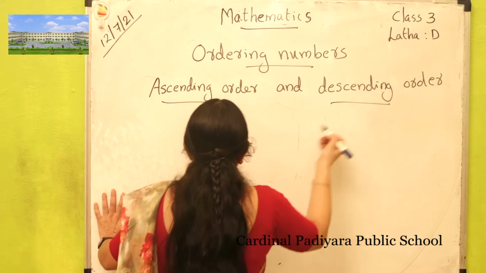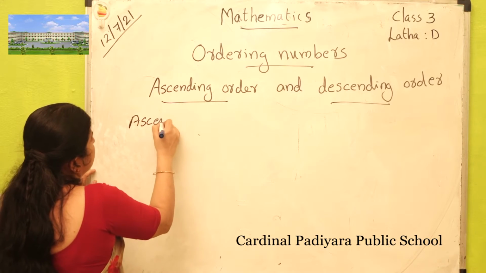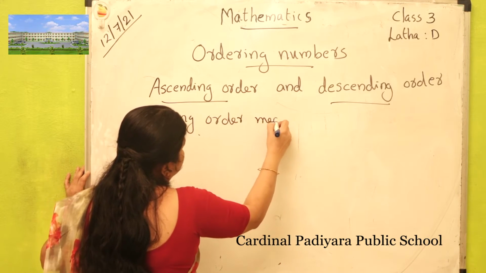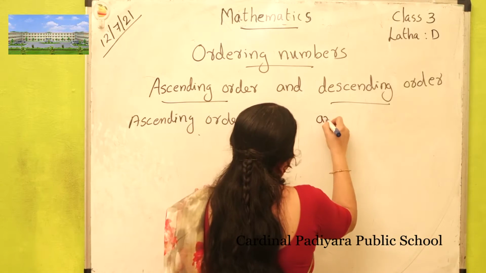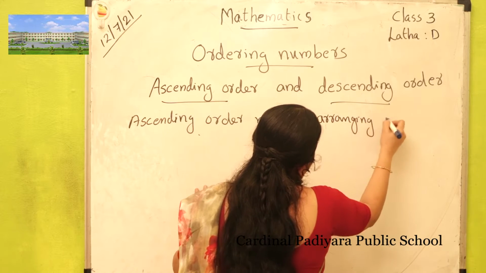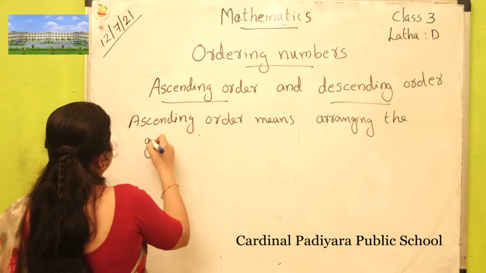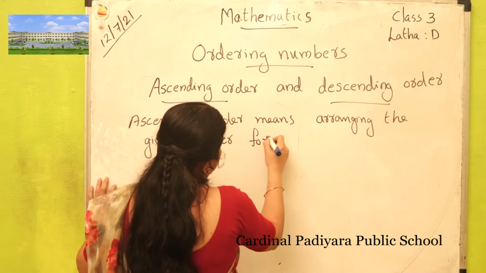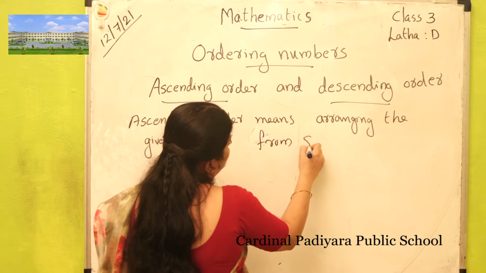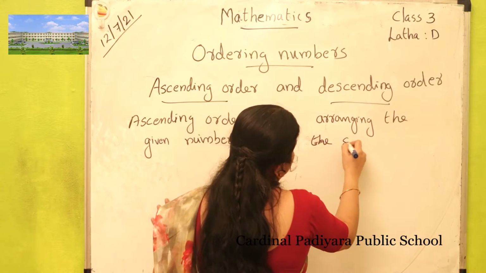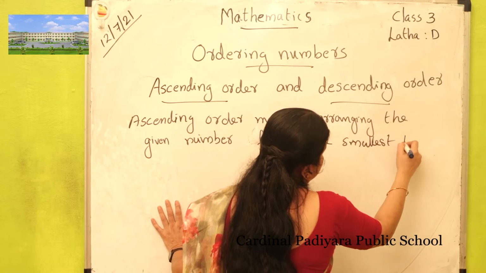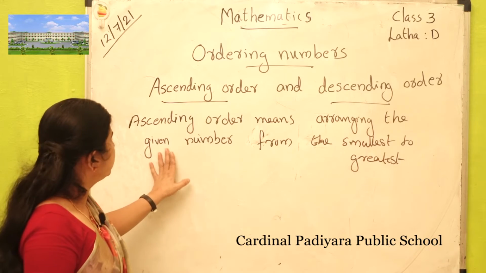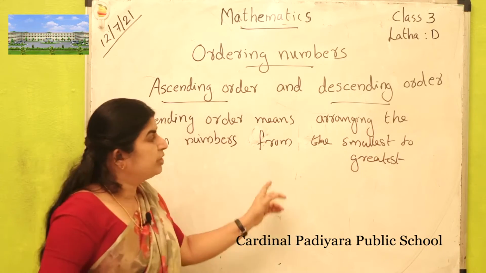What is ascending order? Ascending order means arranging the given numbers from the smallest to greatest.